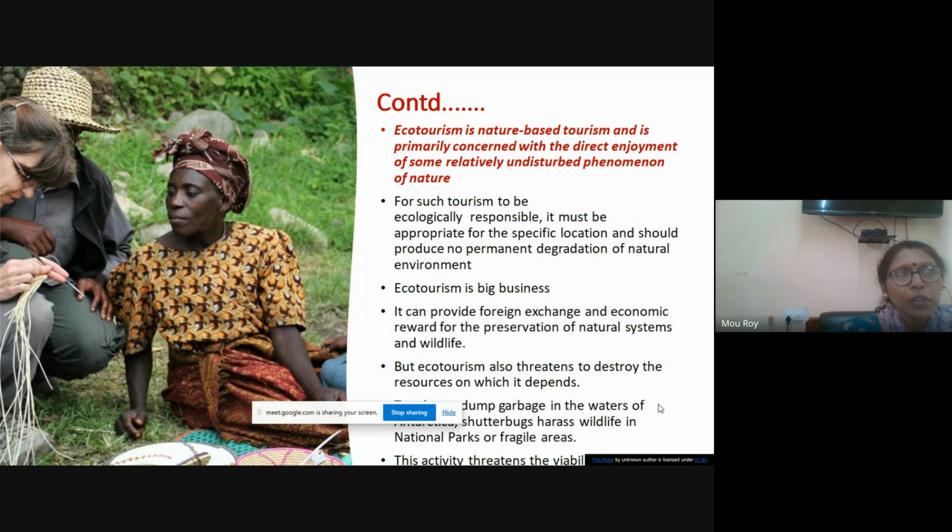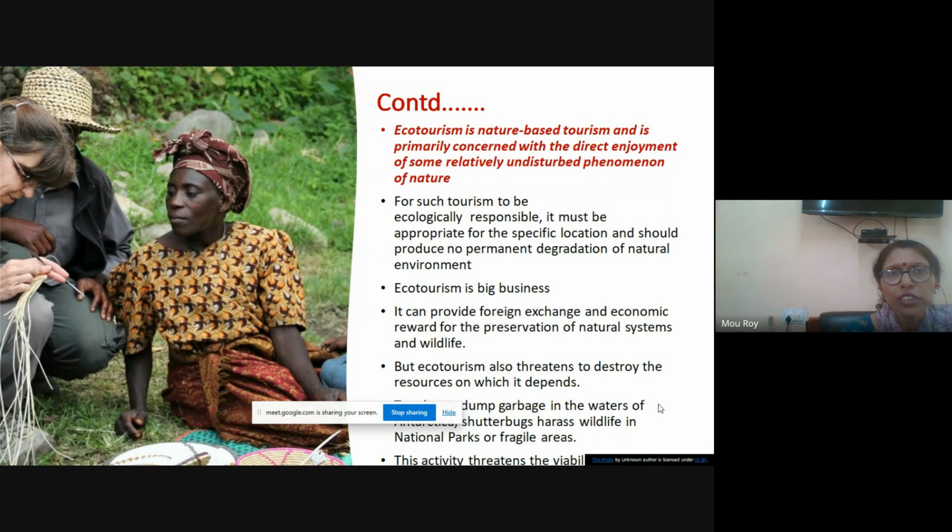Now, for example, when we visit a national park, or a protected area, or a wildlife sanctuary, you will always contribute towards the park maintenance in the form of fees, so that the staff can take care of it.